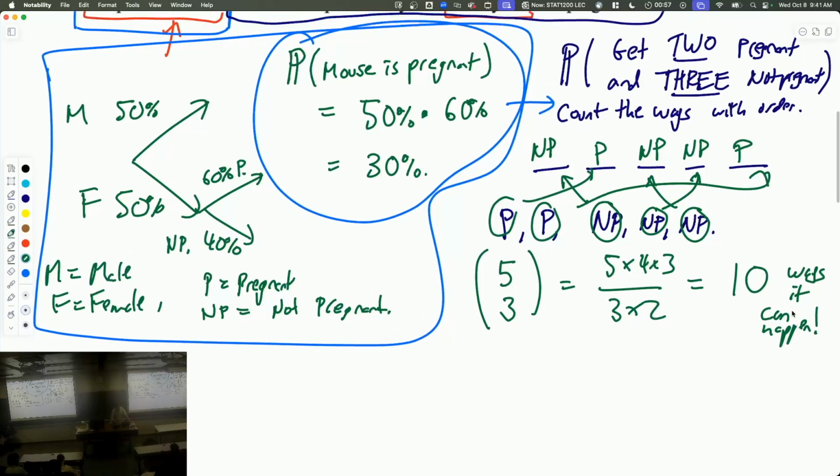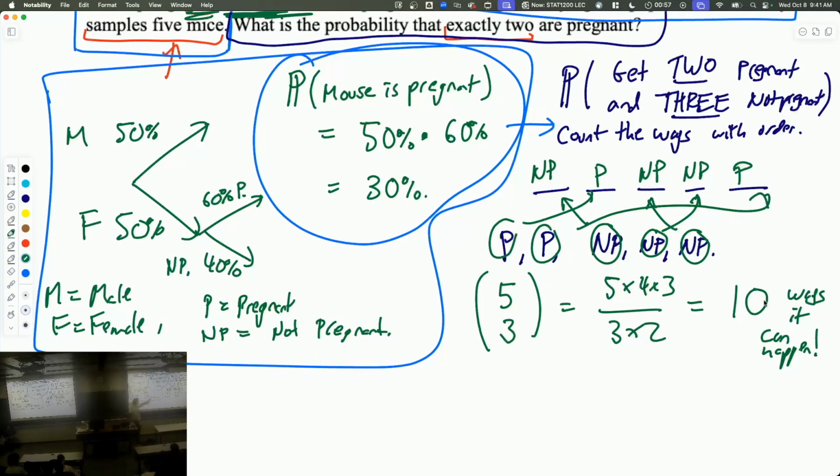So in other words, when we're thinking of these as individual outcomes, an outcome is some sequence of P's and NP's. There are 10 of them that would all lead into this event of 2 pregnant and 3 not pregnant.